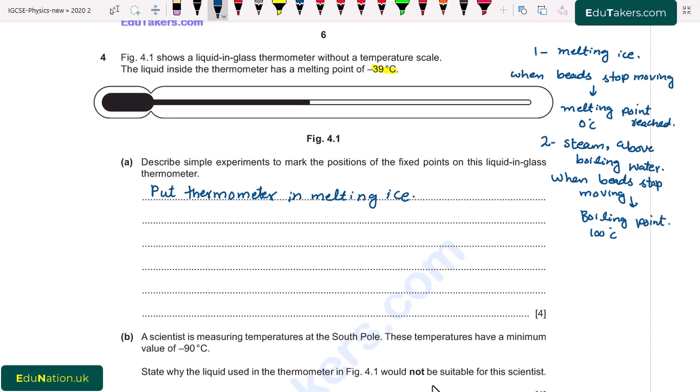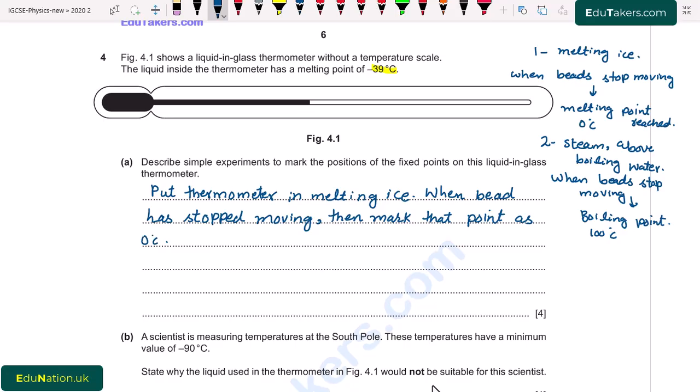When the bead has stopped moving, then mark that point as 0 degrees C. It's the melting point.